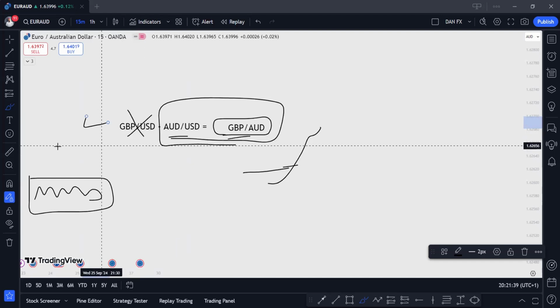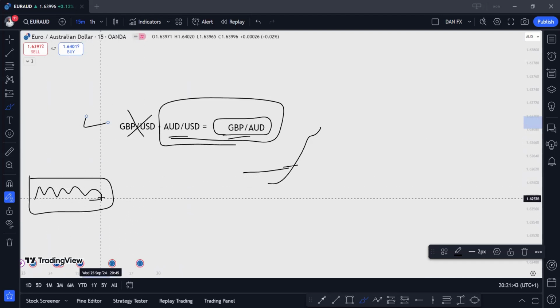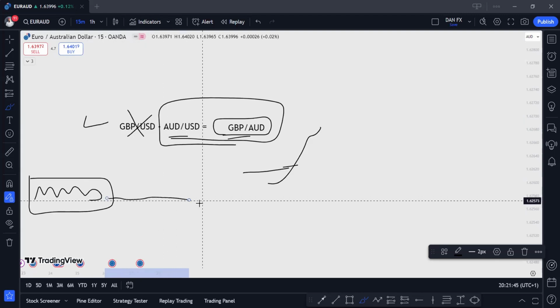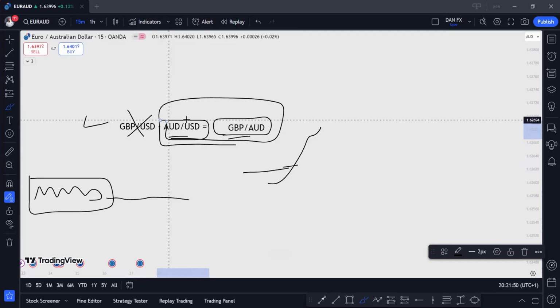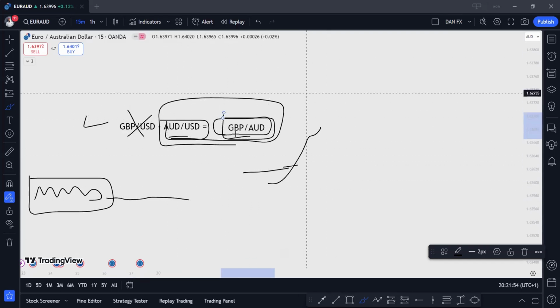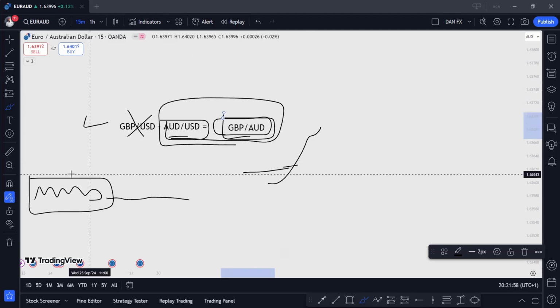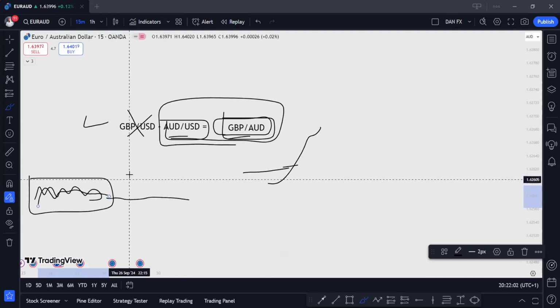So basically, GBP/USD, EUR/USD, those London currencies, are going to move sideways during Asian session. Why? Because they need to move the AUD pairs and the NZD pairs and the JPY pairs. This works for AUD, JPY, and NZD. So that's why you have GBP/USD going sideways during Asian session.